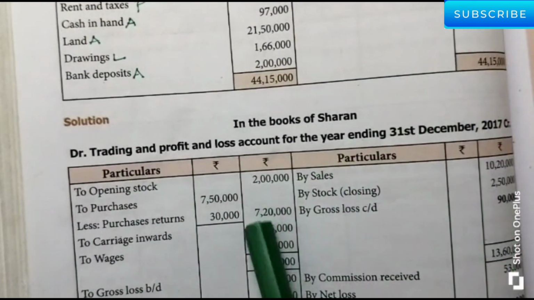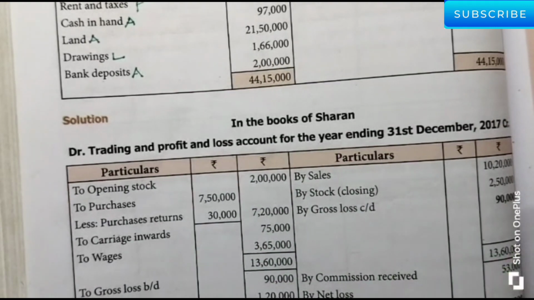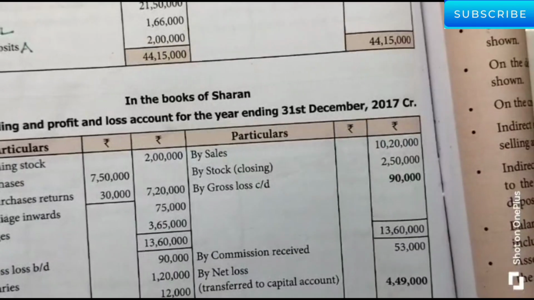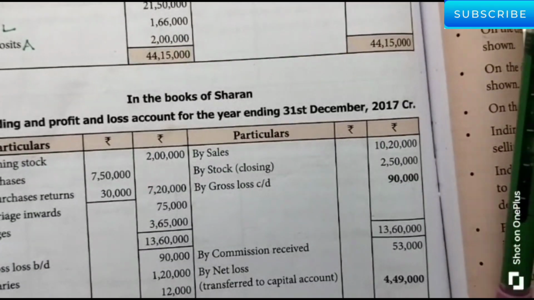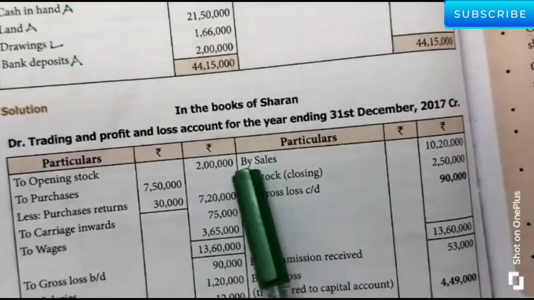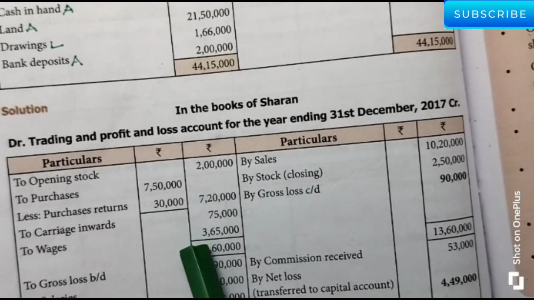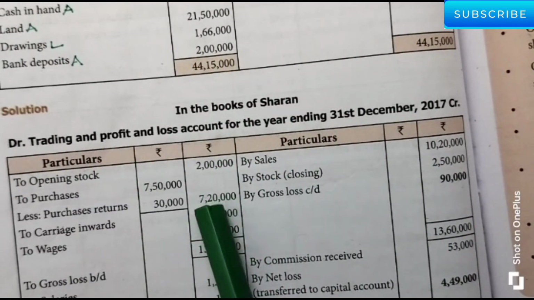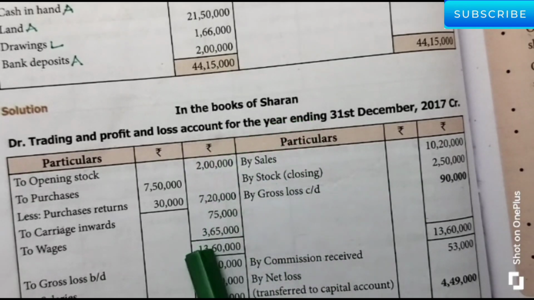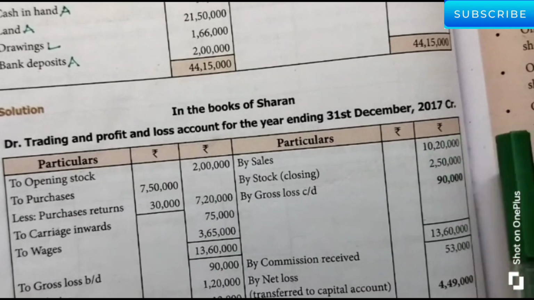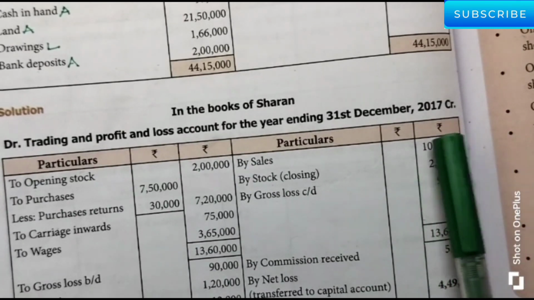Now we are going to find out the difference between them. Okay, so for that we have to find which side has the higher value. Debit side has the higher value: 2 lakhs, 7,20,000, 3 lakhs. Okay, 7 plus 2 is 9, 9 plus 3 is 12. Here the credit side is 10 lakh and 2 lakhs rupees, so 12 lakhs.